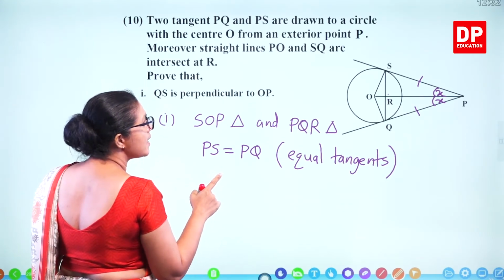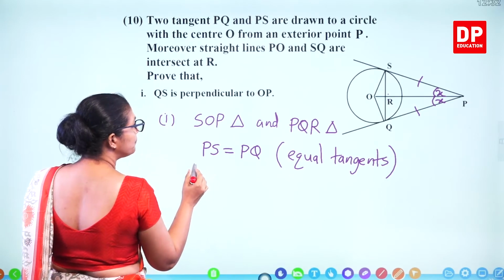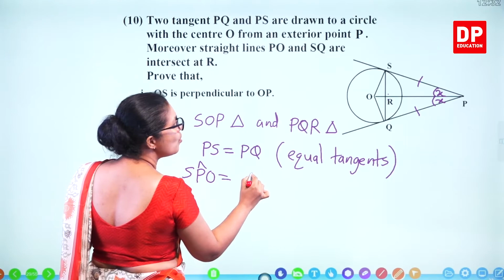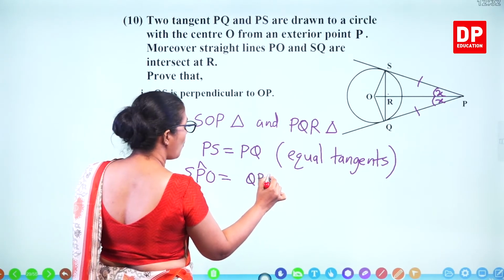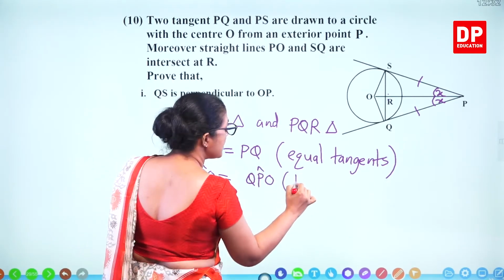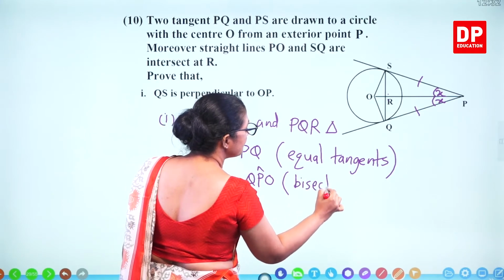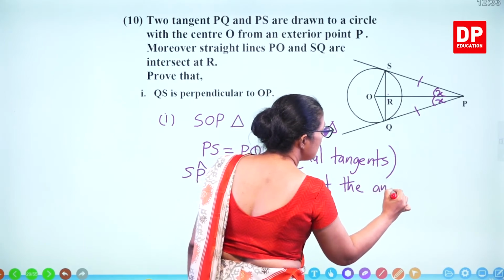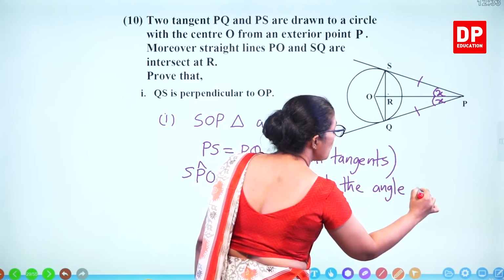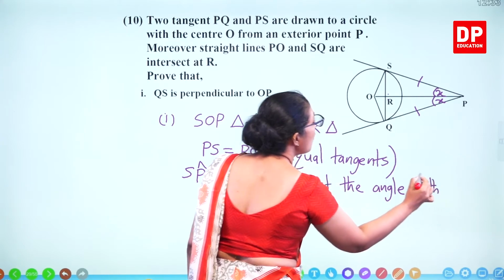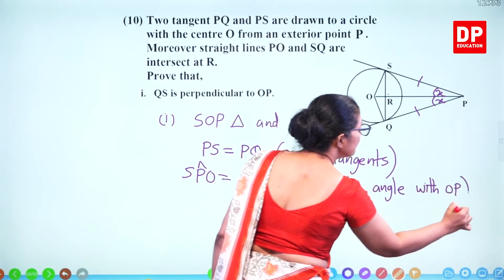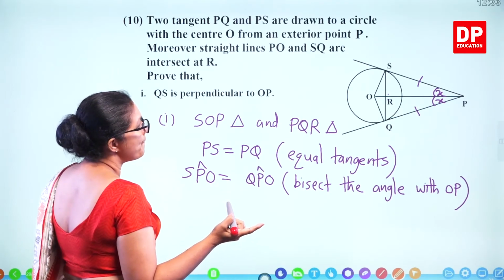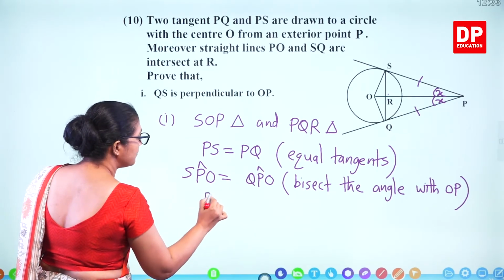So we can write SPO angle is equal to QPO angle, since OP bisects the angle. And also PR is common.